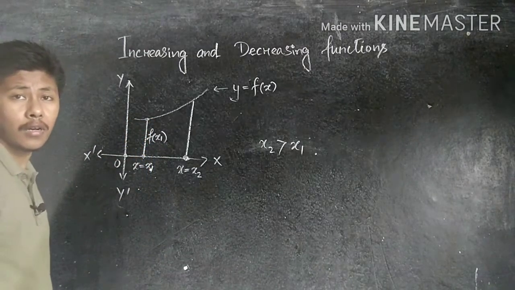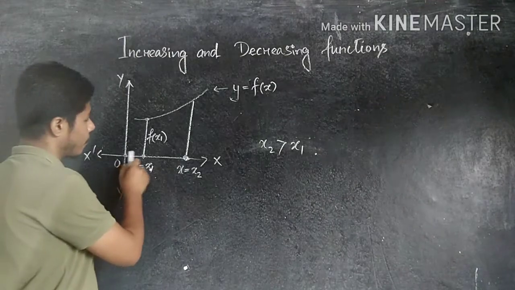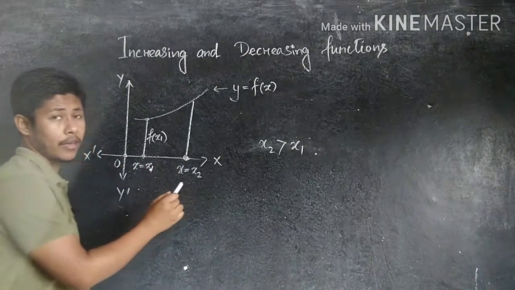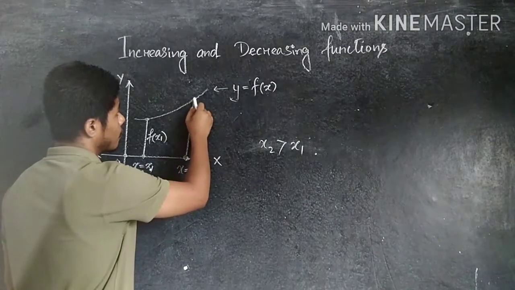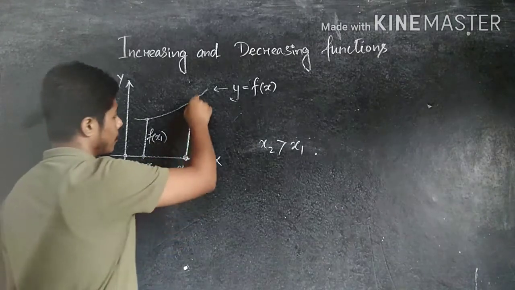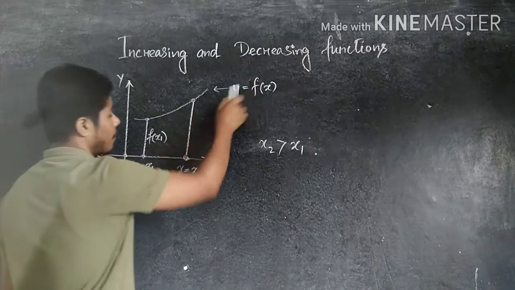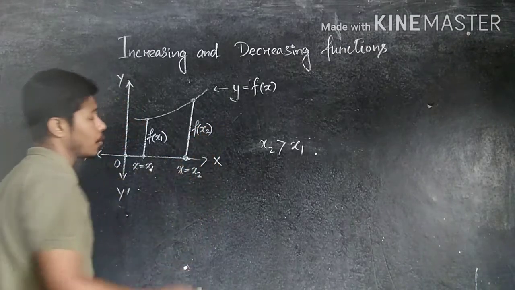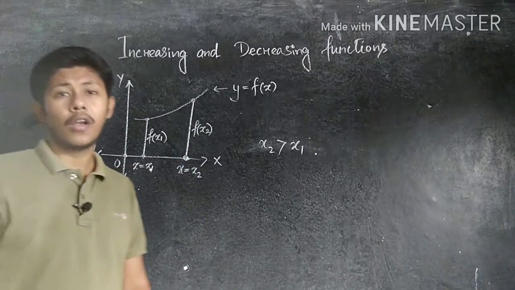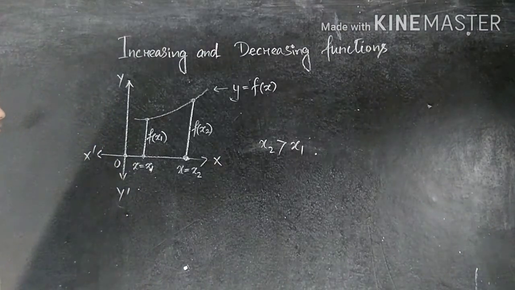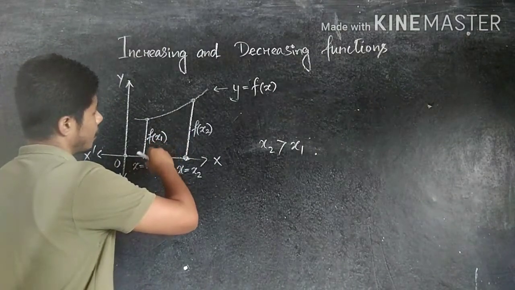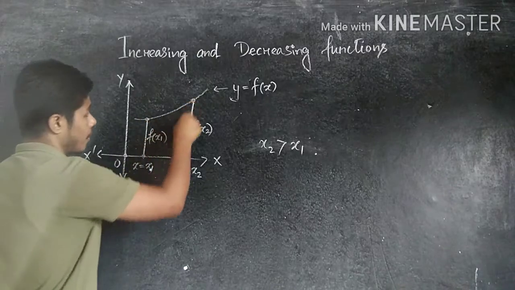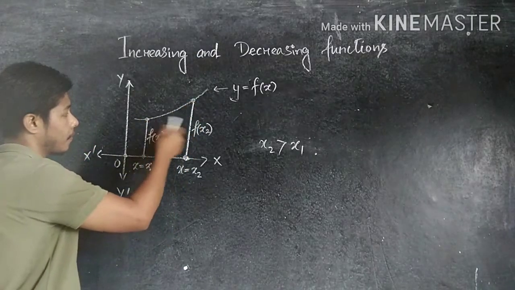Is it clear? Okay, now similarly from the origin to this point, the length is x2. If anyone asks you to find this coordinate, how can we find it? The curve is y equals f(x), so in place of x we have to put x2, giving f(x2). Is it clear? Okay, now can you tell me which length is longer here, f(x1) or f(x2)?